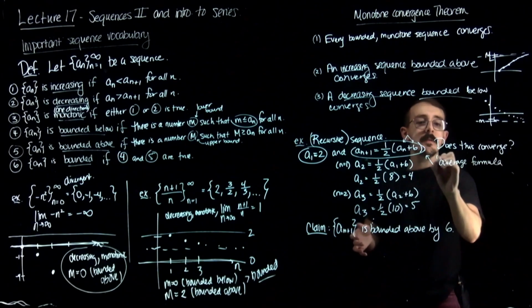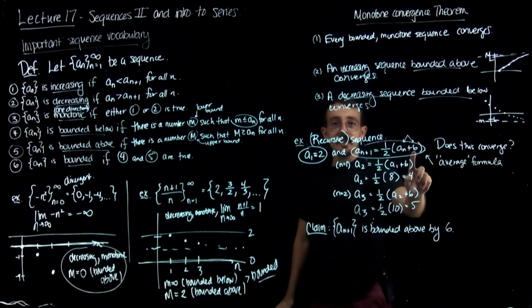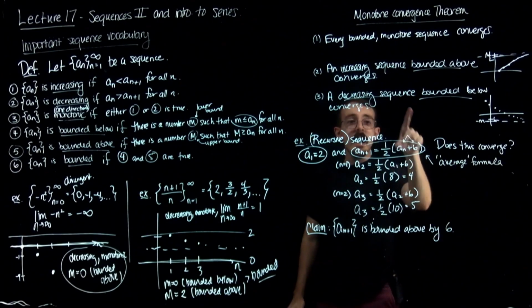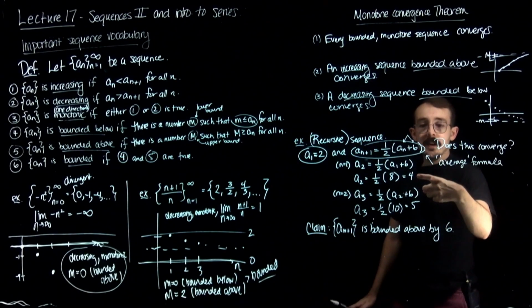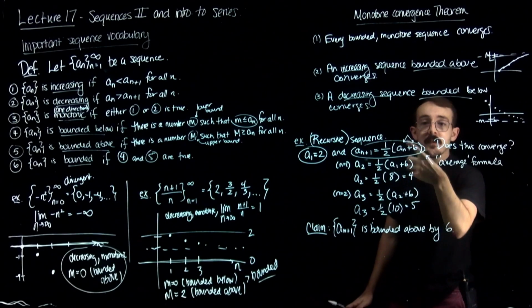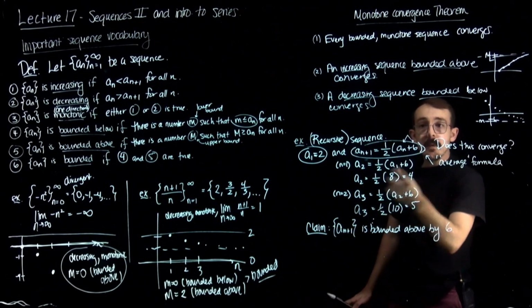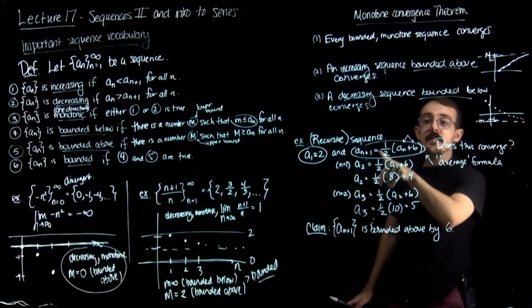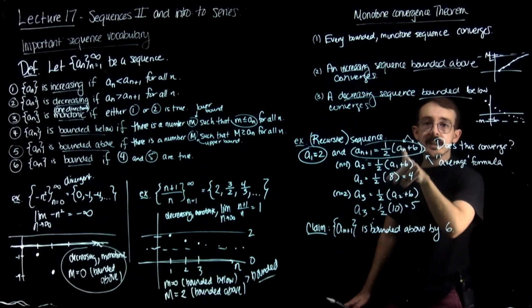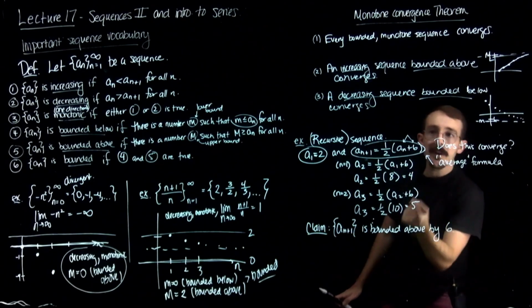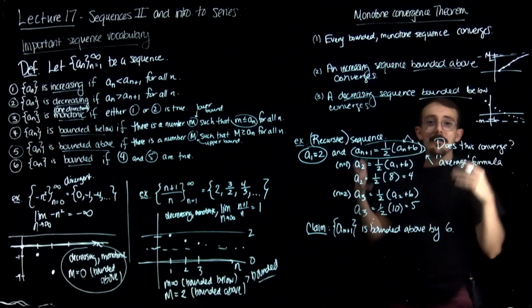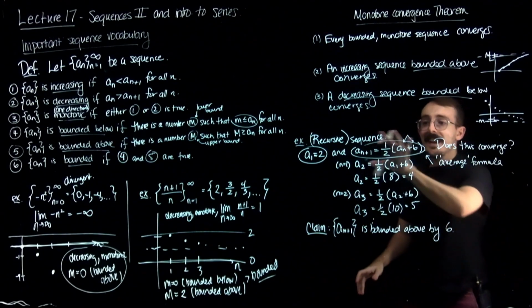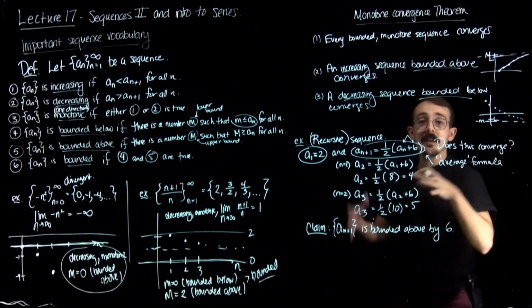It's the average of two numbers. The first number is always 6, and the second is a new number you plug in. We're always going to plug in a number less than 6, because previously we plugged in a number less than 6. If you take the average of a number less than 6 and 6, the average is always going to be less than 6. Then you plug that in and get another average between a number less than 6 and 6. So that's my reasoning for why this is never going to be larger than 6.